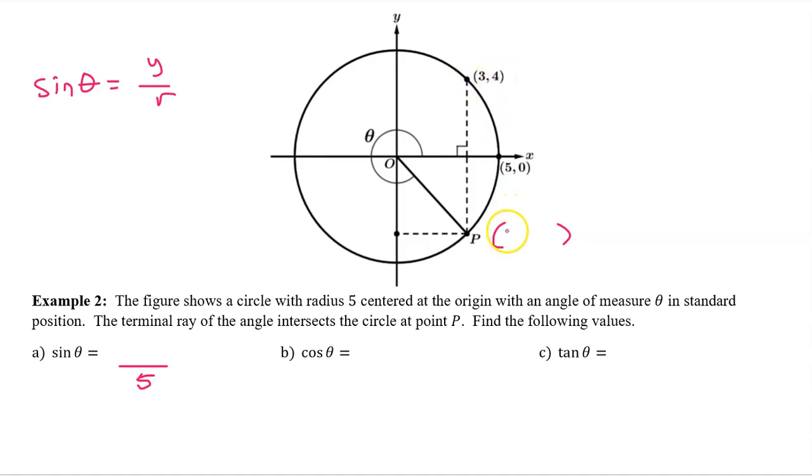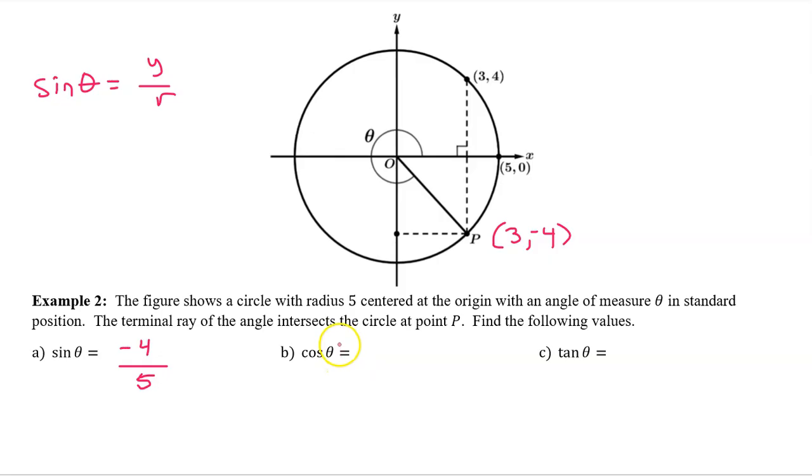So it will have the same x coordinate, but it will have the opposite y value. So this point has a y value of 4, so point P will have a y value of negative 4. And that's what we need right now. Y over r becomes negative 4 over 5.